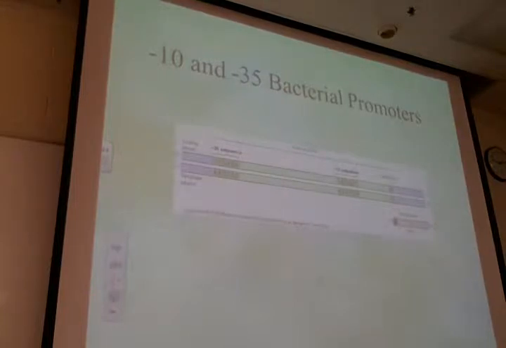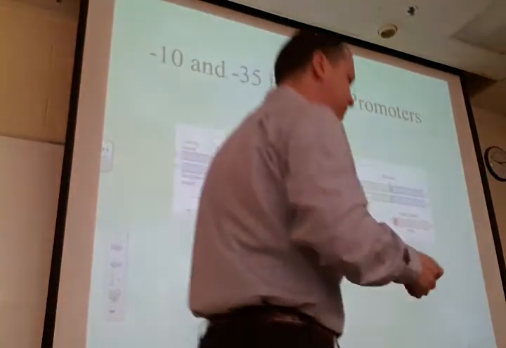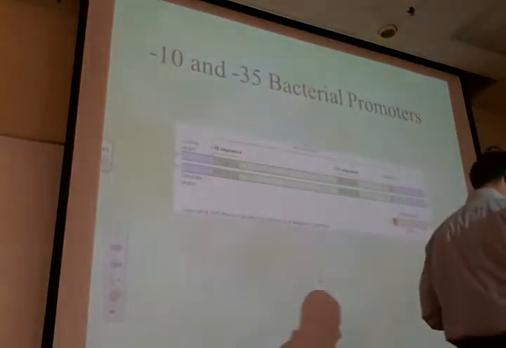Because remember, we're only going to be copying one of the two strands. This is not DNA replication where we pretty much copy everything. We're just copying one of the two strands. So we want to copy the coding strand. That has the actual code in it to make the protein.